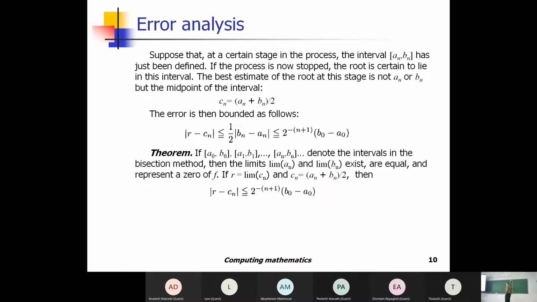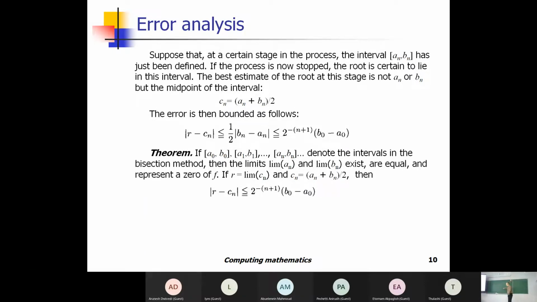And somewhere between An and Bn, there is the point of the real solution, the point where the function intersects the real line. This is the root of the function, and here it's denoted as R. Small or large? Let me write large. This is the root point.